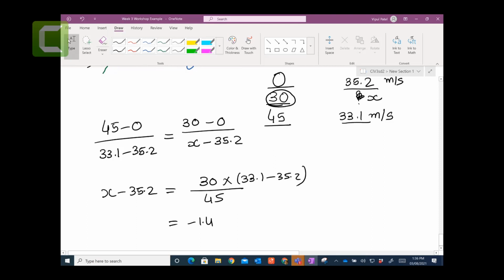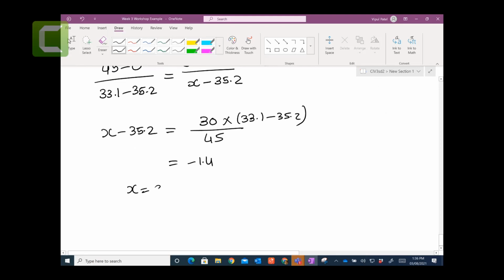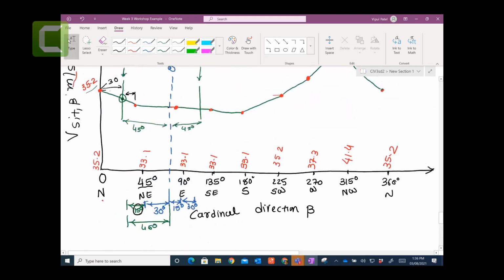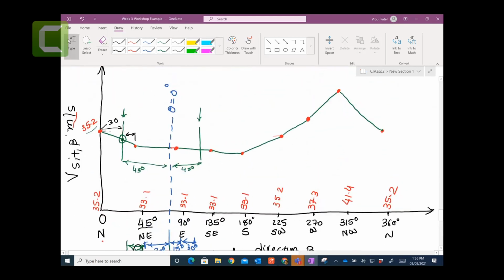Is it right? Yep, 33.8, that's correct. 33.8 meter per second.